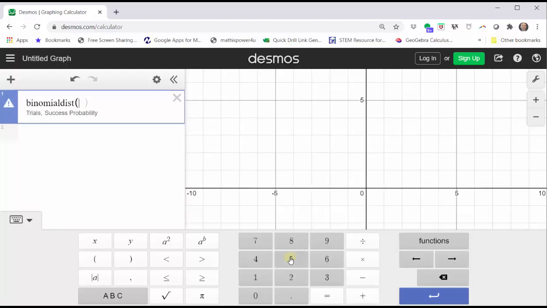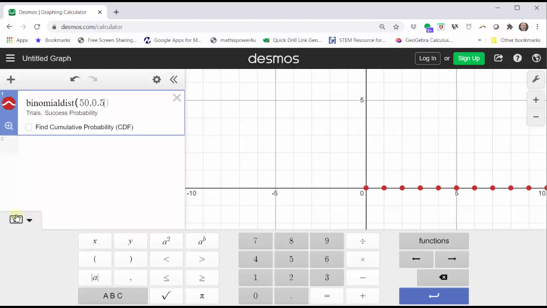Notice Desmos is prompting us to now enter the number of trials followed by the success probability. So the coin is tossed 50 times, and therefore there are 50 trials, comma. The coin is fair, and therefore there's a 50% chance of getting a head, and therefore the success probability is 50%, 0.5 or 1/2. I will enter 0.5.